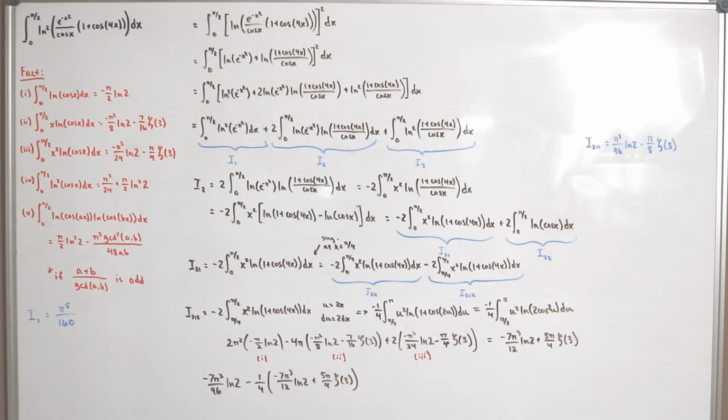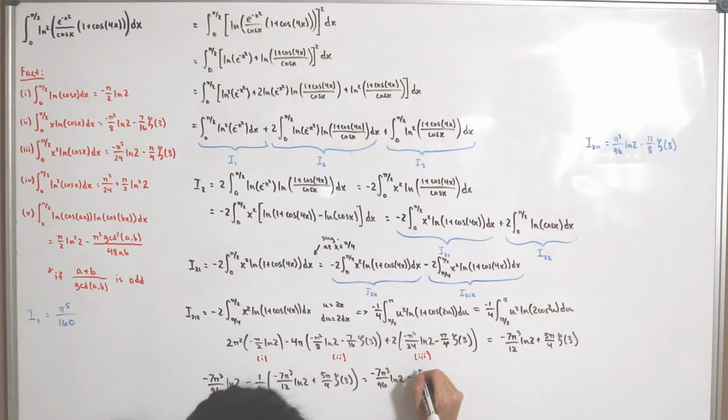Now when I simplify this expression, I get negative 7π³/96 ln 2, and then I'm just going to distribute the 1/4 into the inside.